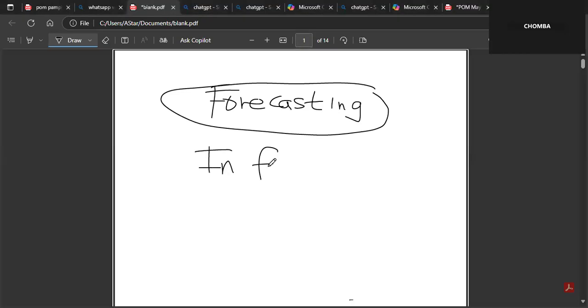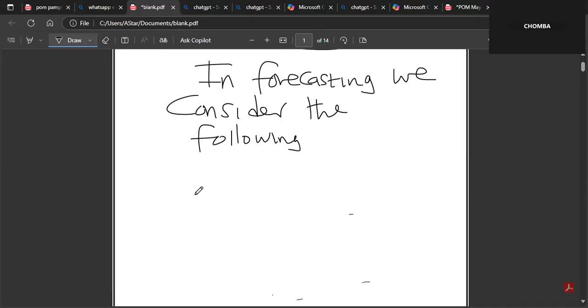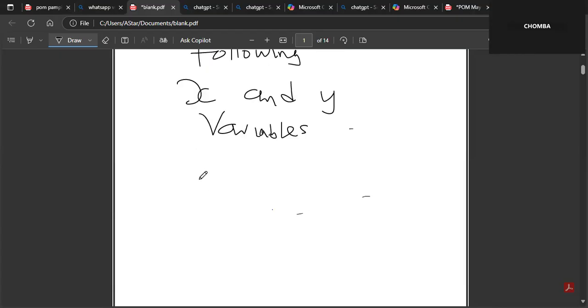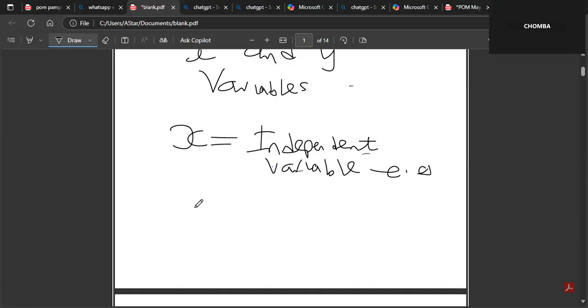So in forecasting, we consider the following. X and Y variables. X is the independent variable, e.g. advertising.